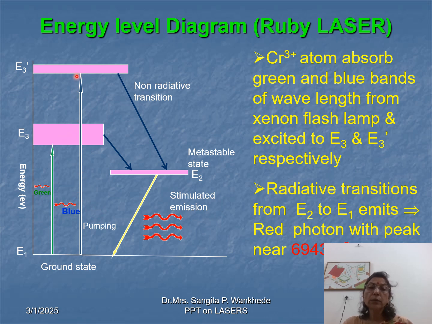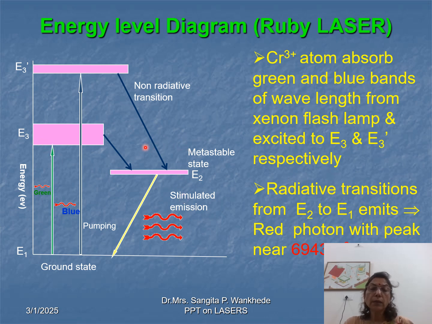It has two absorption bands, for the green and blue components. The blue wavelength is less, around 4000, and the green wavelength is more, around 5500. So for the blue component the energy band is at the upper level, and for the green component the energy band is at the lower level.